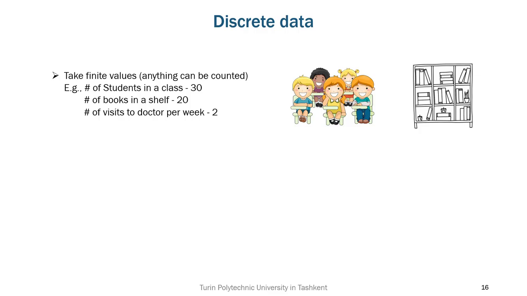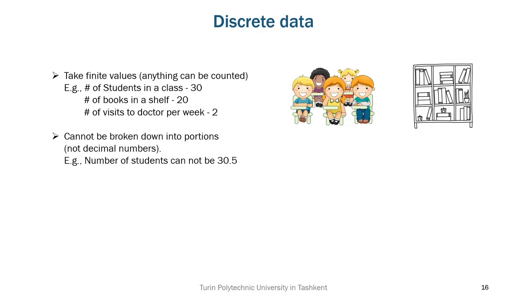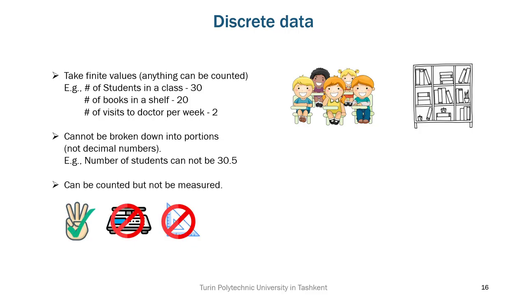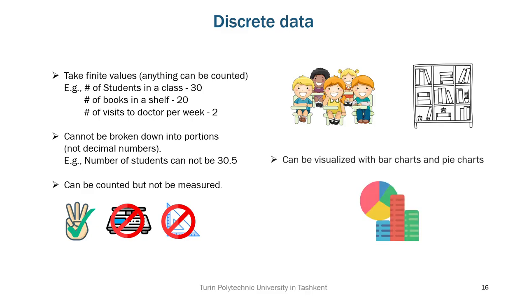Discrete data is when something has exact numbers like students, books on a shelf, or visits to the doctor. But discrete data cannot be portions like 30.5.